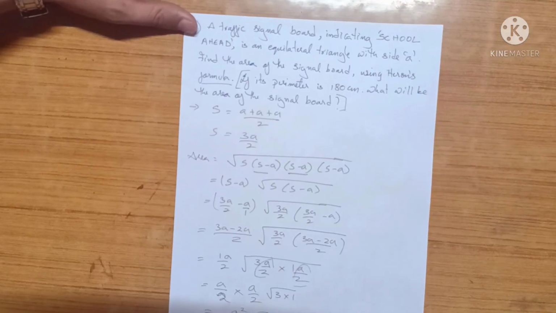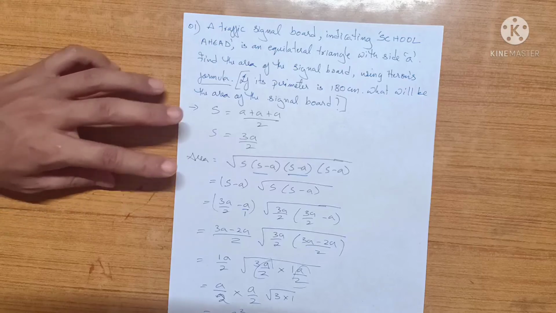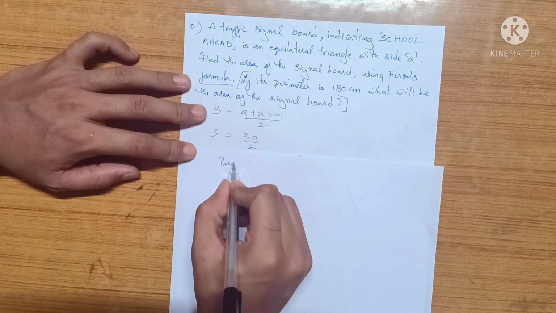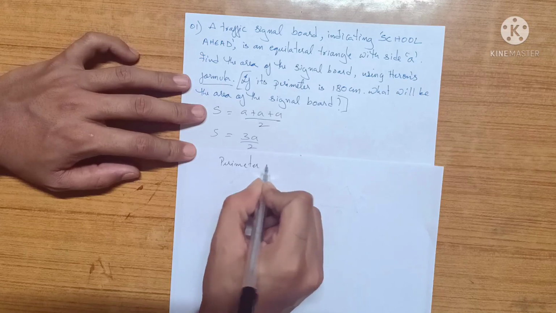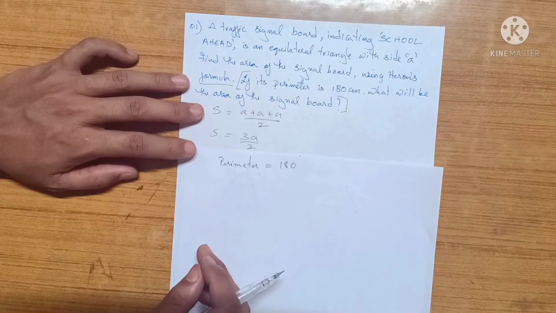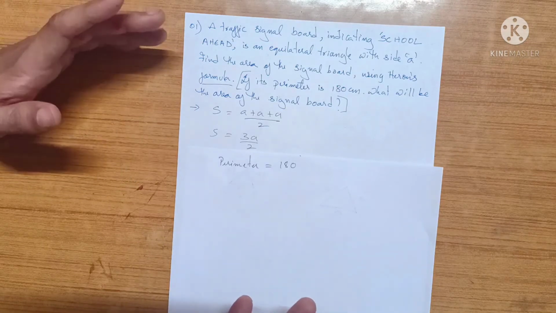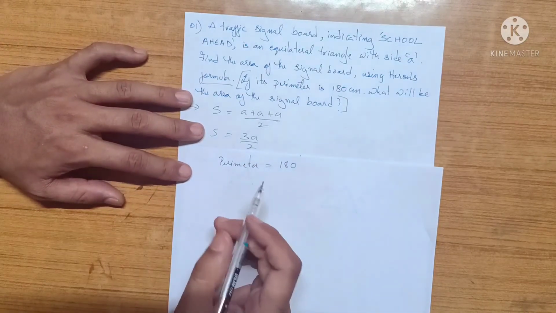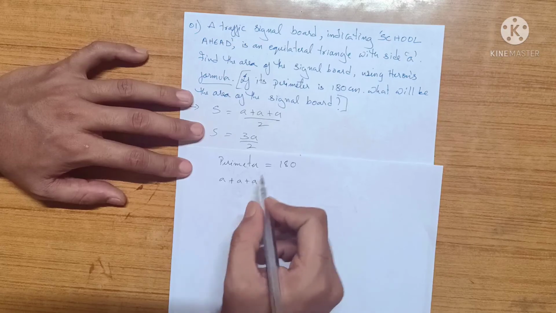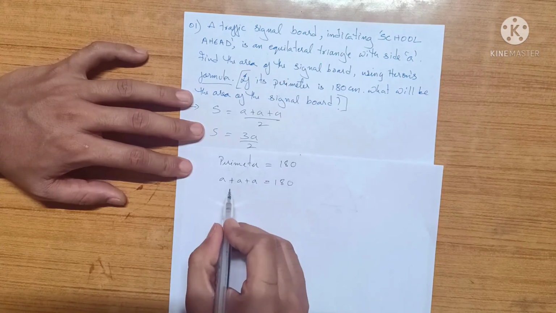Now the second part of the question: they're saying if its perimeter is 180 centimeters, so the perimeter of the equilateral triangle is 180. It's an equilateral triangle, so all sides are equal, and they've already mentioned the sides are a, so a plus a plus a equals 180.